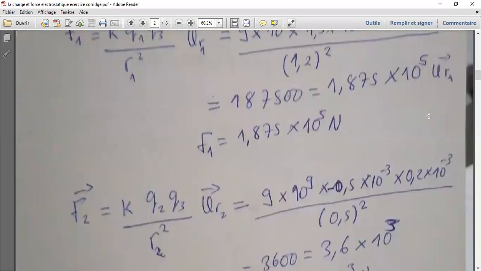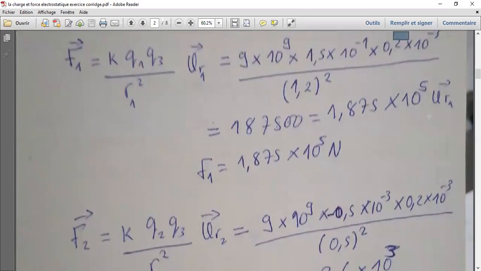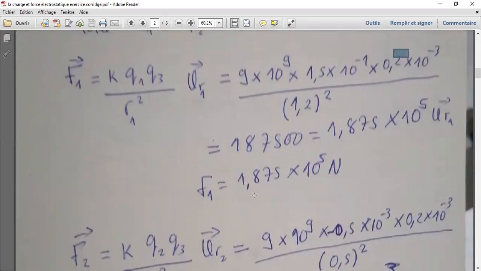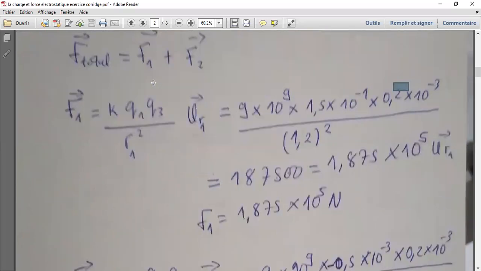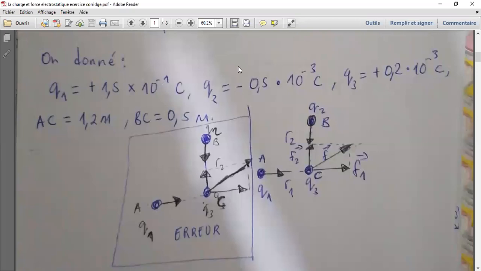Then your second force is K, which is always the constant, times Q2, Q3, divided by R2 squared. Since you have seen here, Q3 is repeating itself. The reason is that the force is being exerted on Q3.